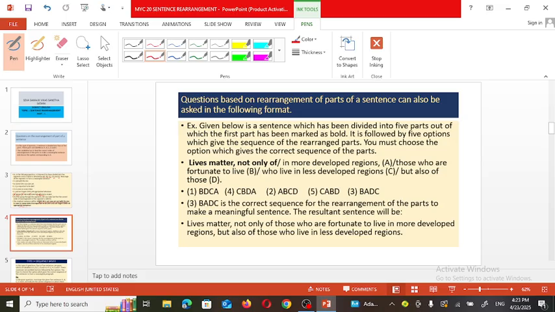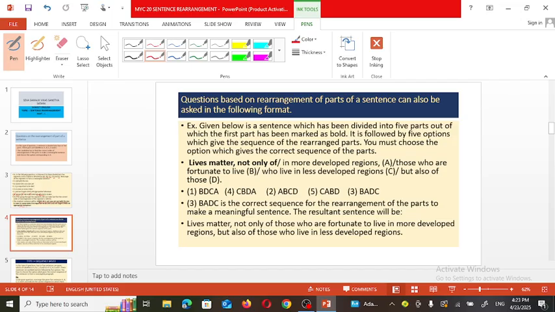Now which two things are compared here? In more developed region and who live in the less developed region. These two parts are compared. Now accordingly, in the B part, those who are fortunate to live. Now who will be the fortunate to live?